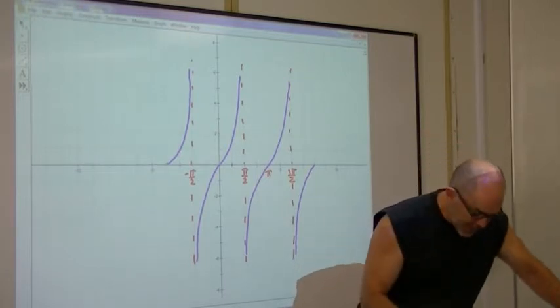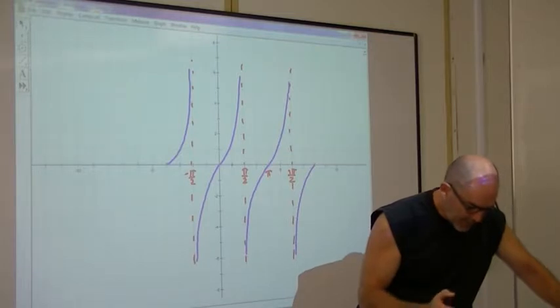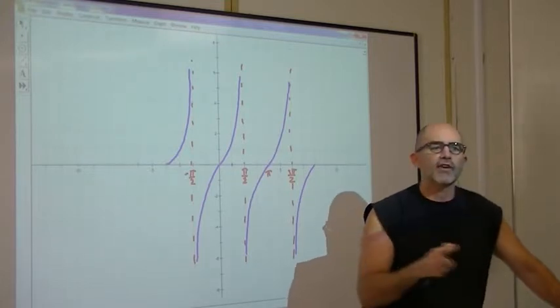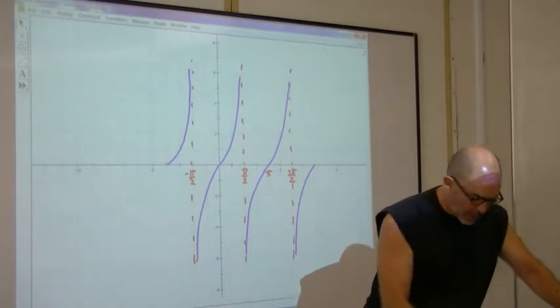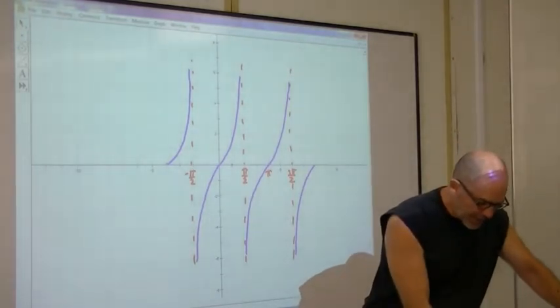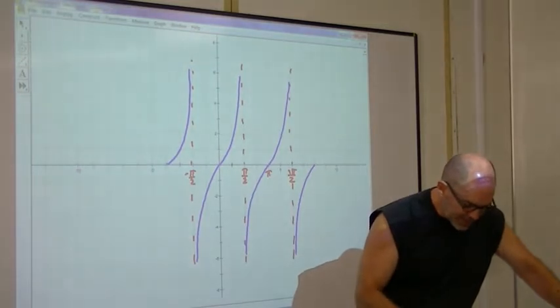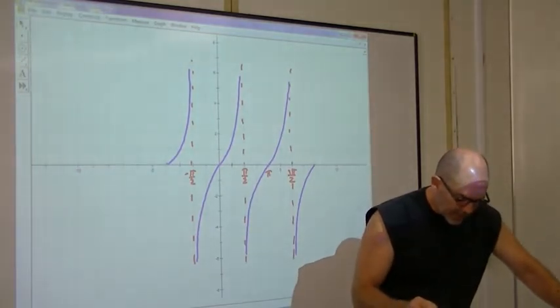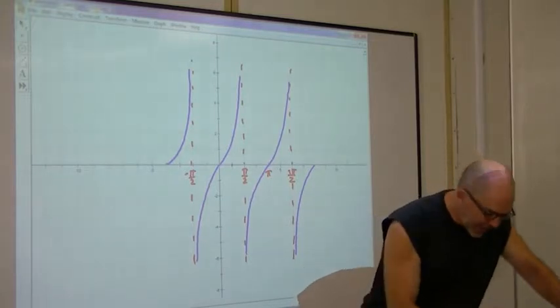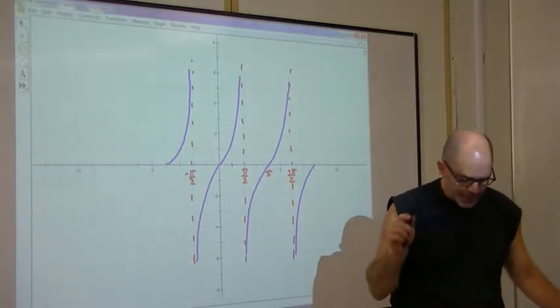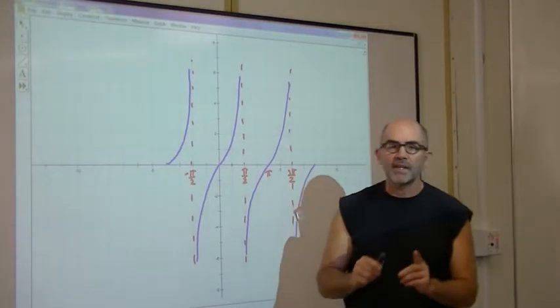Inverse tangent x, x has to be between, oh wait, no, I'm sorry. Inverse tangent x is continuous everywhere. And then x squared minus 1 is continuous everywhere. So basically this is continuous from, oh no it isn't. X squared minus 1 is continuous everywhere, but it's on the denominator, so it can't be 0.